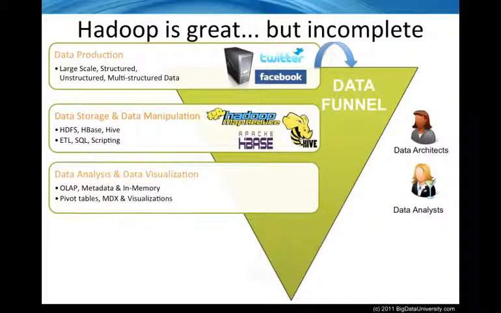Further down the data funnel is data analysis and data visualization. It's the phase where the big data is crunched to make it available to various user groups. This helps them make better decisions, and you may find the data analysts and data scientists working at this level.